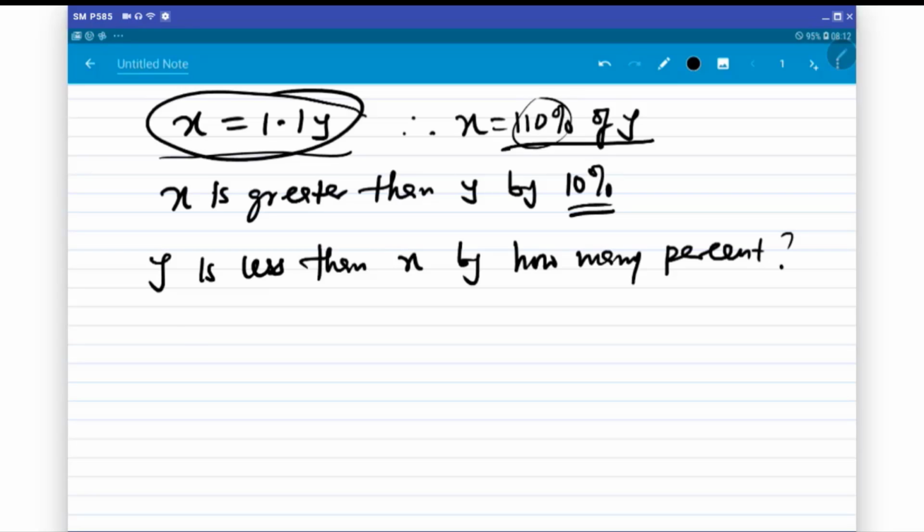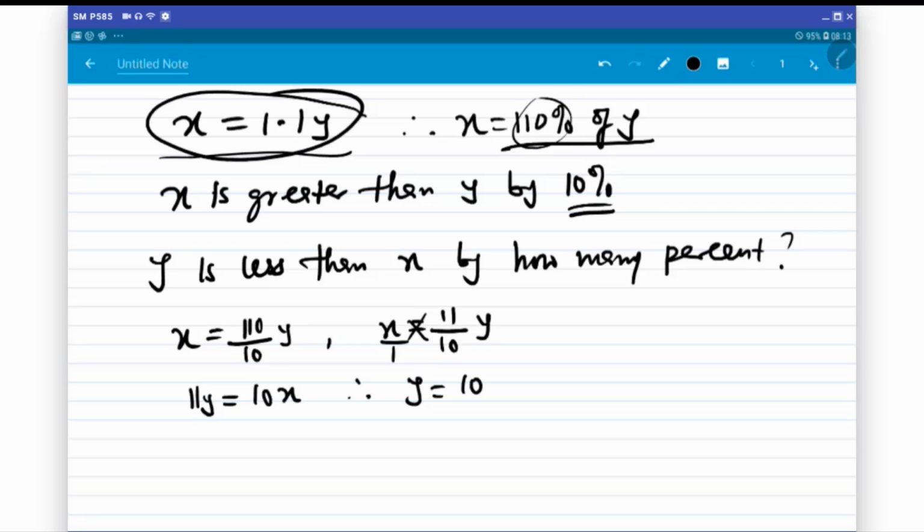So from here, I will write 1.1 as 110 over 100, or I can say 11 over 10. Anyhow, still the same thing. Cross multiply. That means 11y is 10x, or y is 10x over 11.